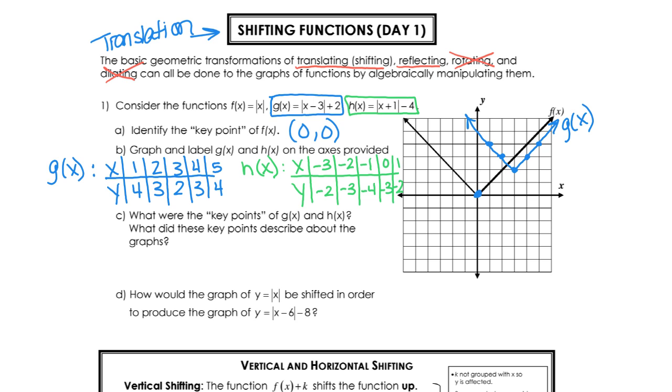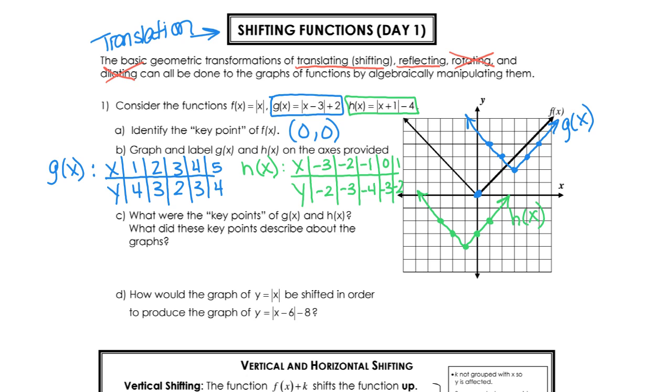Okay, nice straight line to connect our points on the one side and the other side, and a nice label. We'll call this one h of x. All right, so part A is done, part B is done, part C.